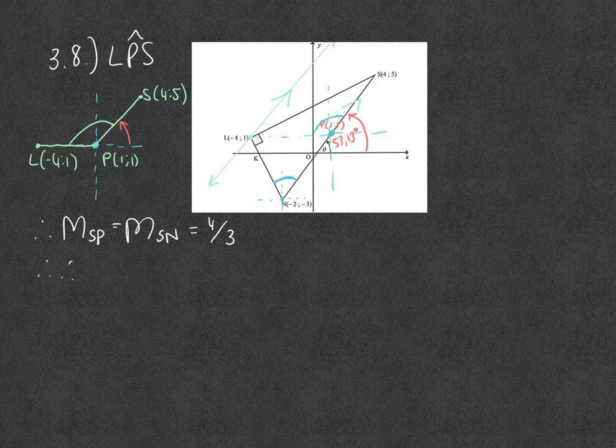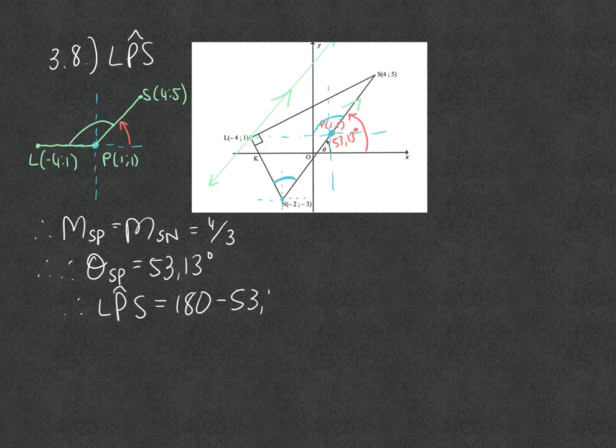Therefore, the angle of inclination of SP, which we know already, is 53,13. Therefore, LPS is equal to 180 minus 53,13, which equals 126,87 degrees.